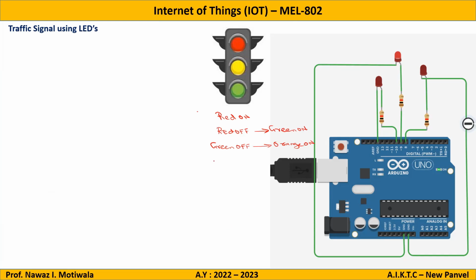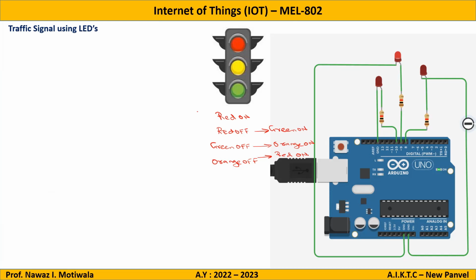And then what happens? Orange becomes off or yellow becomes off, and again red is on. And this is the sequence which the signal follows. So that's it. We have to just use this logic in our program.